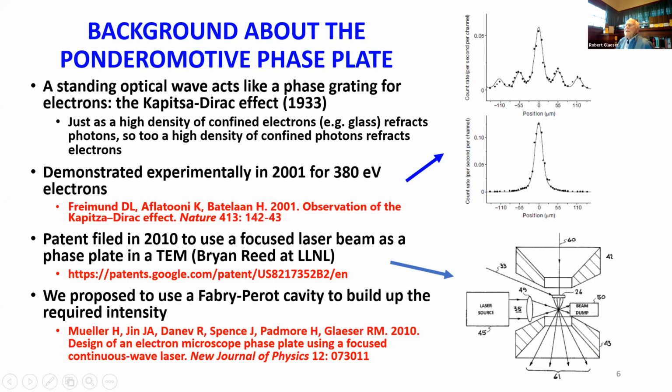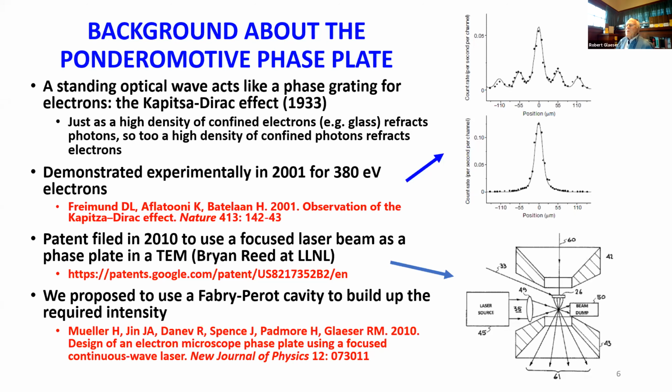So a high density of confined electrons, let's say a piece of glass. I'm going to think of a piece of glass as a little object in which there are a lot of electrons and they're permanently kept in that little object. And that high density of confined electrons refracts light, refracts photons.